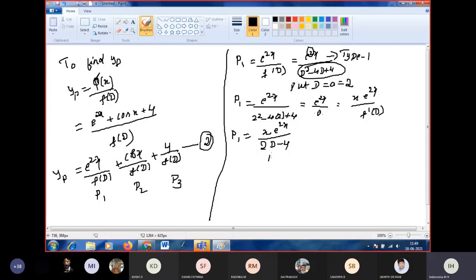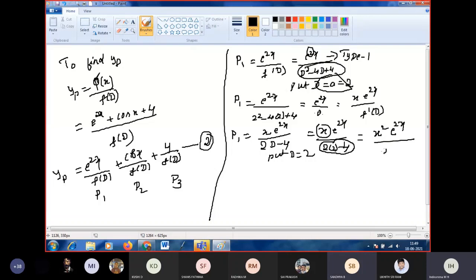Now put d equal to what? Same procedure, d equal to a equal to 2. x into e power 2x by 2 into 2 minus 4. What is 2 into 2 minus 4? 0, again 0. So for that, again you multiply one more x to the numerator. It becomes x square e power 2x by f double dash of d in the denominator.